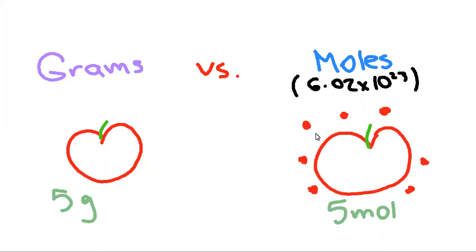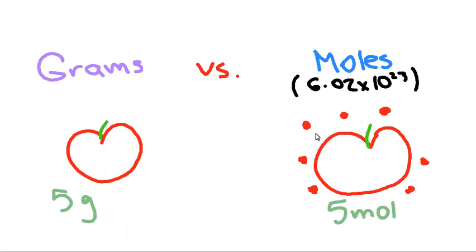So just to combine the idea of grams and moles, think about the periodic table and think about how you have, yes, the atomic symbol there, but below that, you will see numbers. And those numbers will have decimal points in them. And if you ever wondered what that means, it's the atomic mass.